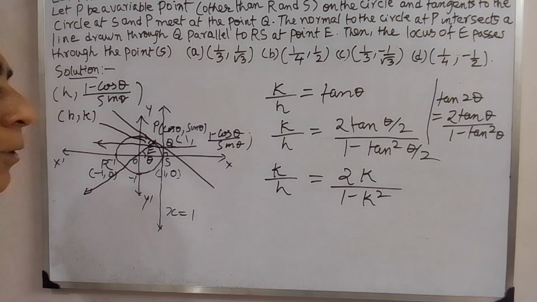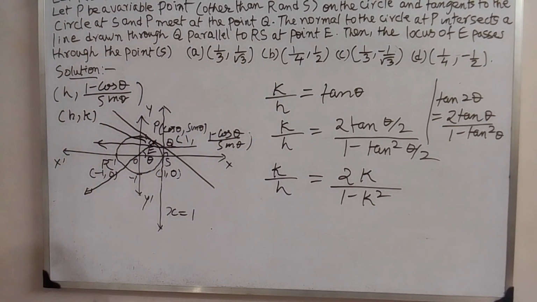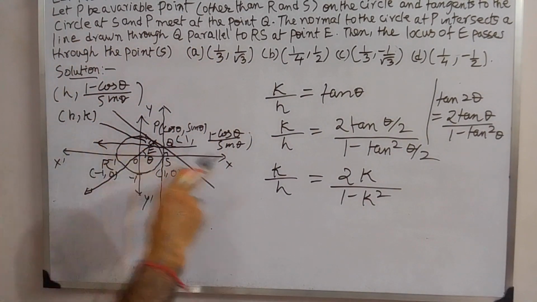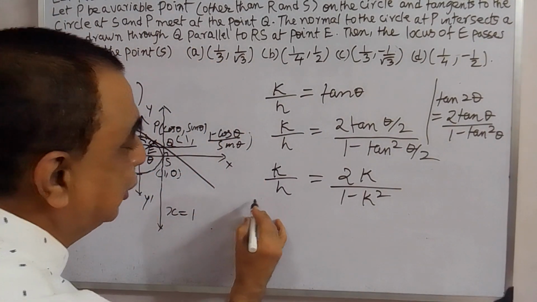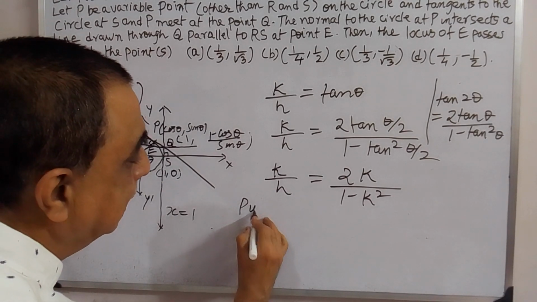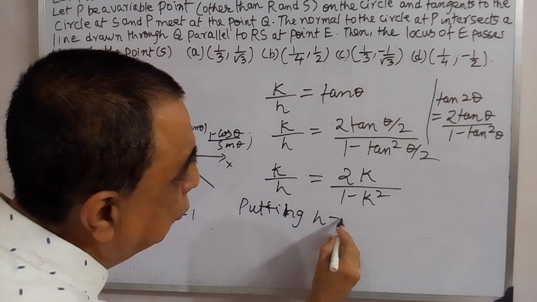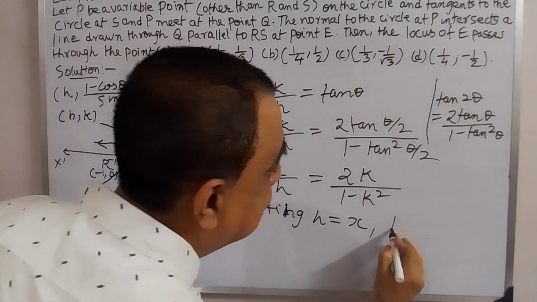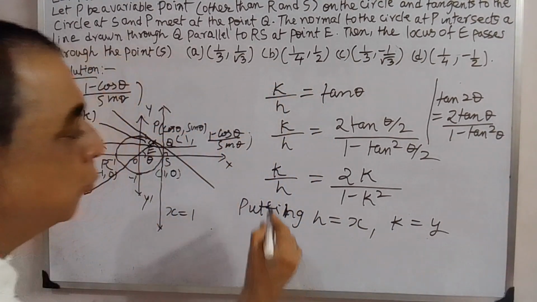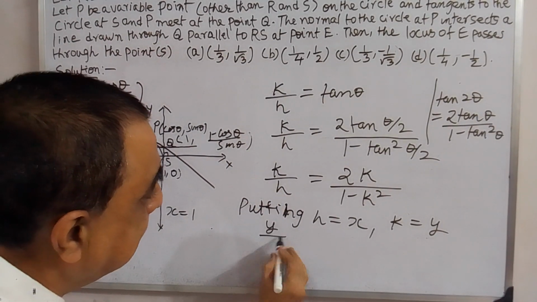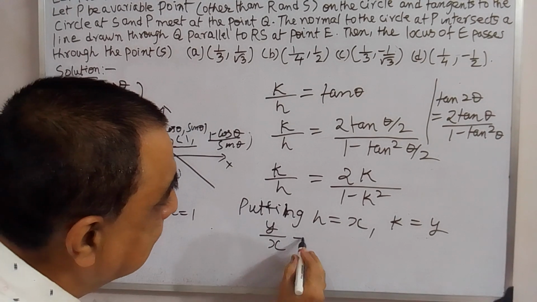Now here I have taken the coordinates h and k, but normally we express the y coordinate as y and the x coordinate as h or x. So putting h equals x and k equals y, in place of k I will write y, and in place of h I will write x.